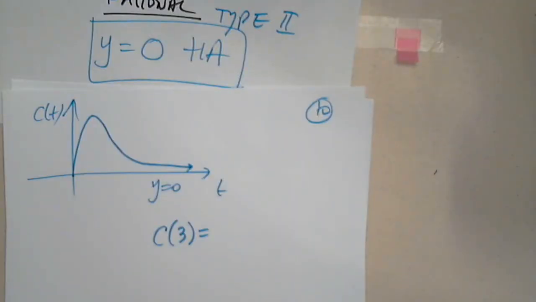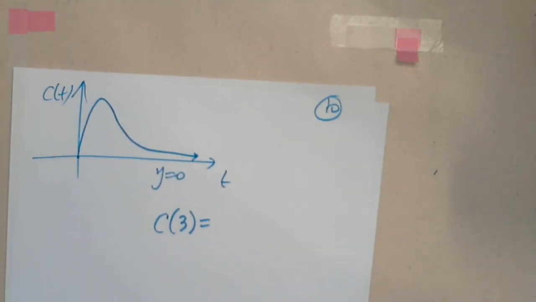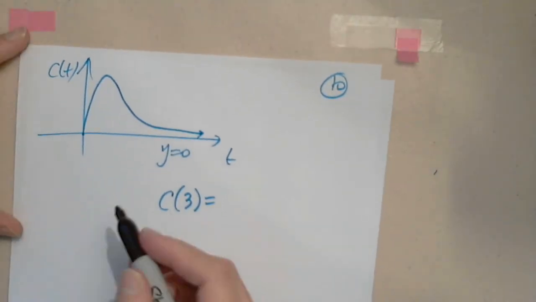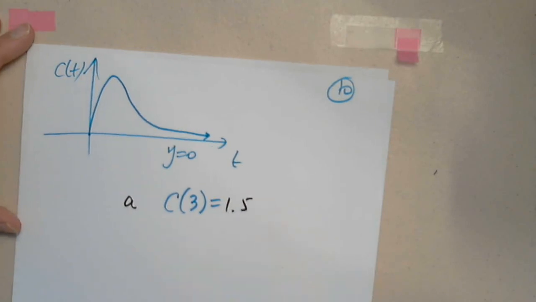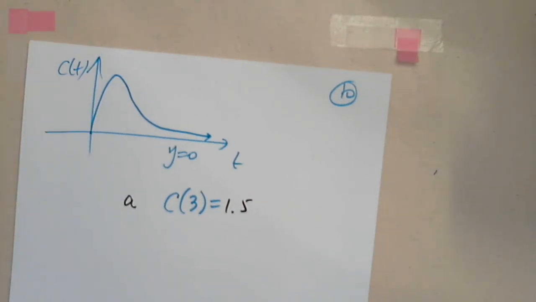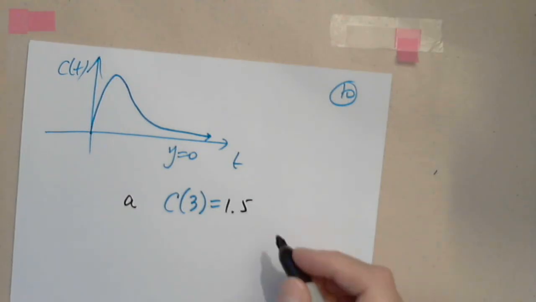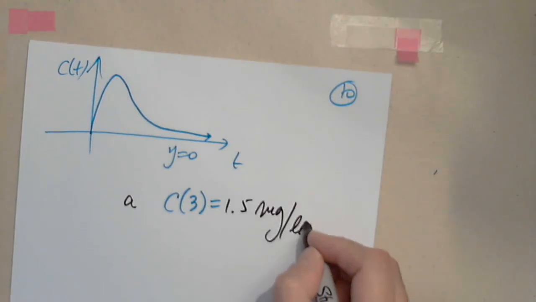And then we can check with the function. So C of 3 in part A, I read it at 1.5. The measurement unit, I'm looking at the concentration in milligrams per liter.